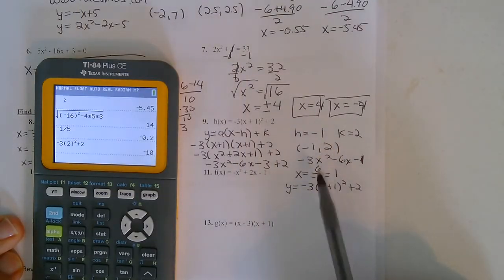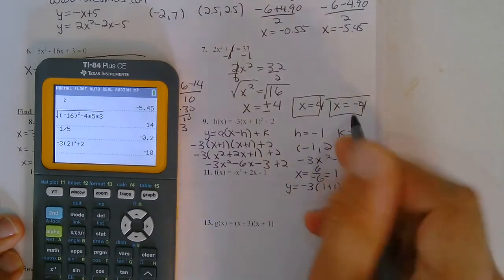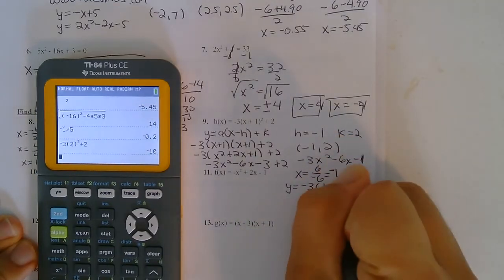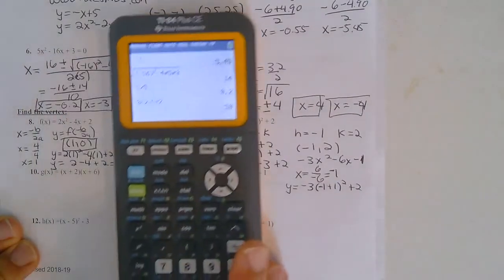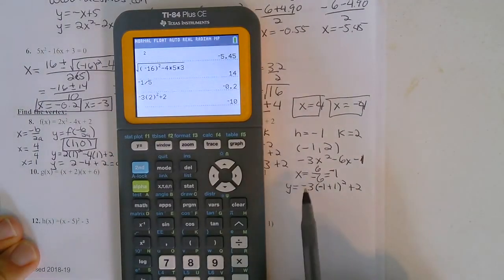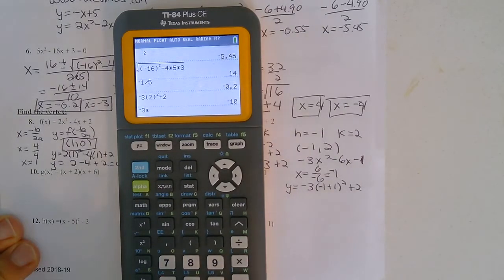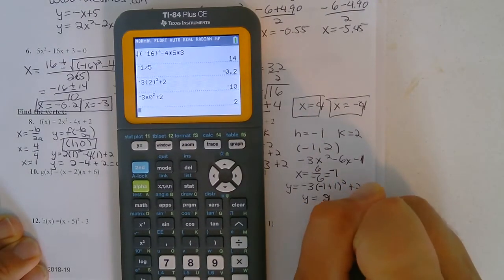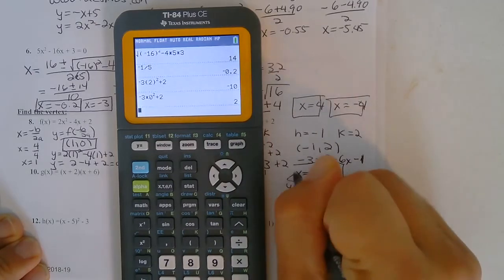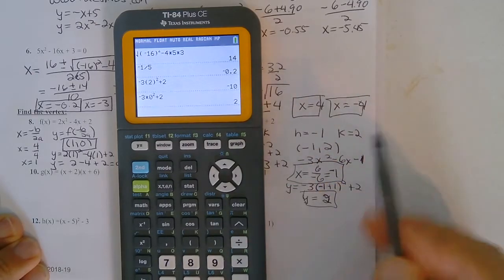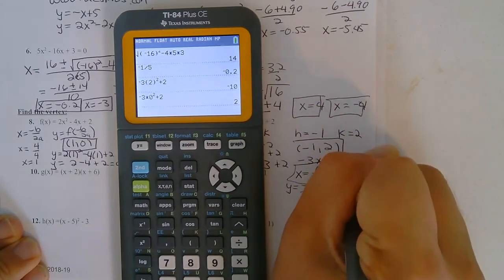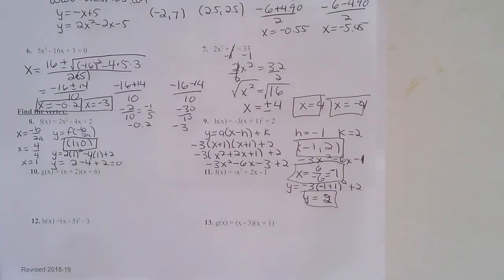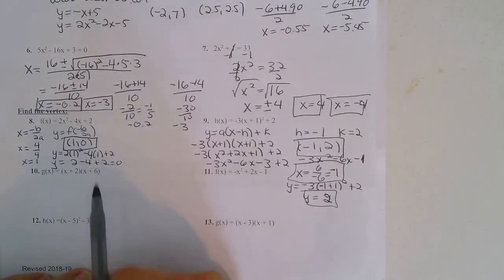Instead of 1, 6 divided by negative 6 is negative 1. So this should be a negative 1. So going back in there, that would be negative 3 times 0 squared plus 2, which just gives us y equals 2. Again, we have negative 1 for x, 2 for y, which is our point here, negative 1, 2. So sorry for that small math error, but that happens to everyone.